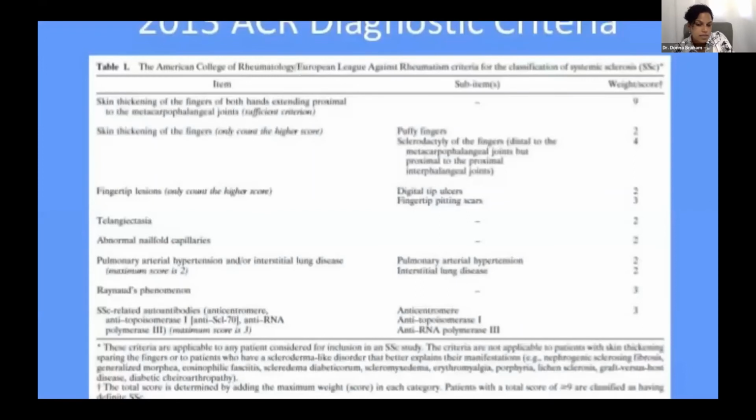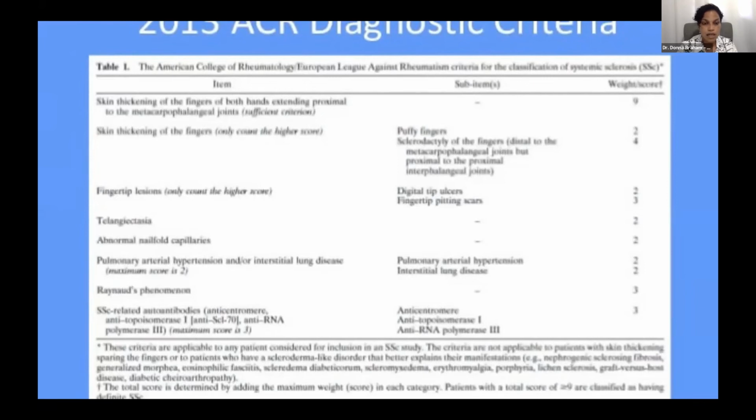A skin biopsy is not absolutely necessary to make the diagnosis of scleroderma. Once you do have skin thickening of the fingers of both hands extending proximally to the metacarpophalangeal joints, that alone, and you don't have any other features to suggest that it's a scleroderma-like disorder, then that alone can make the diagnosis, because you just need 9 points to be able to make the diagnosis.